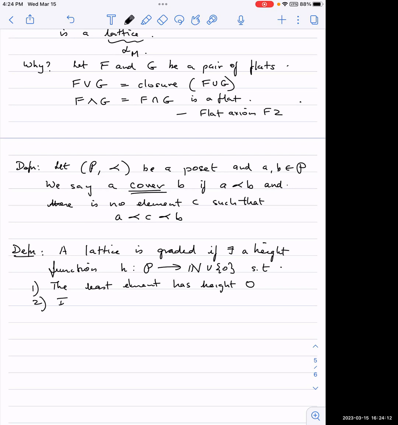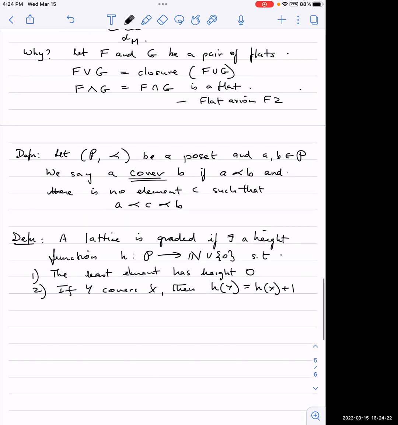And if y covers x, then h of y is equal to h of x plus 1. Okay?